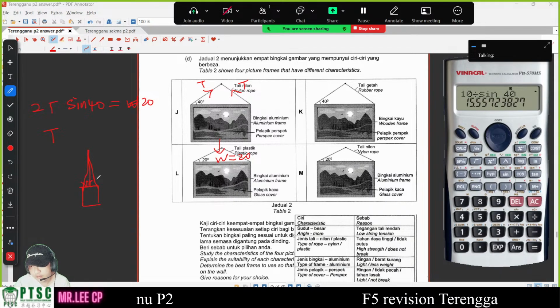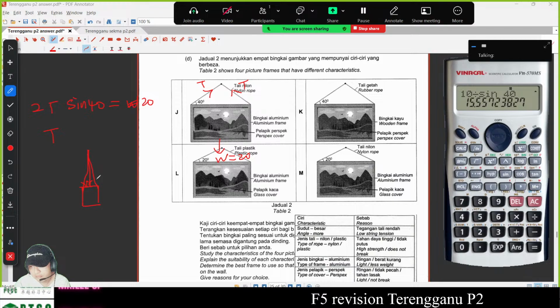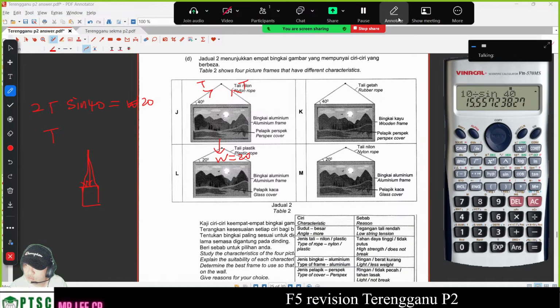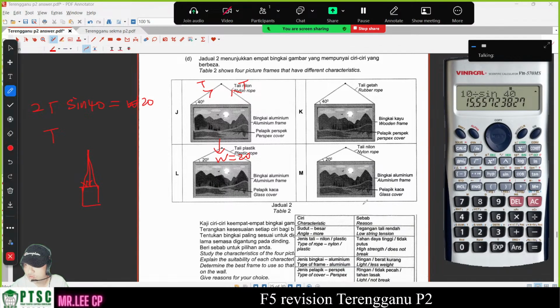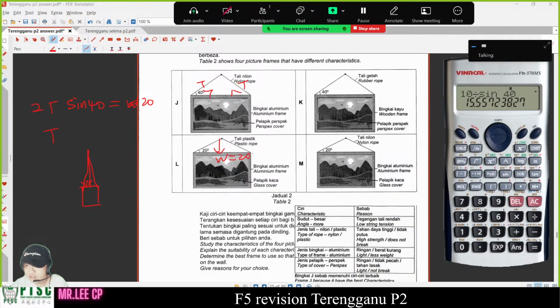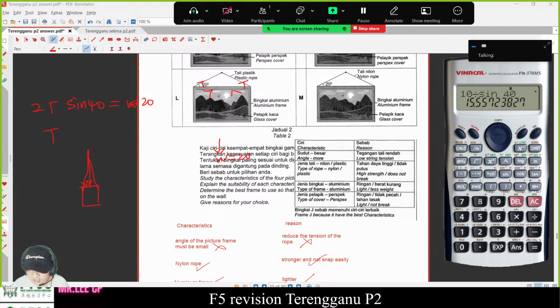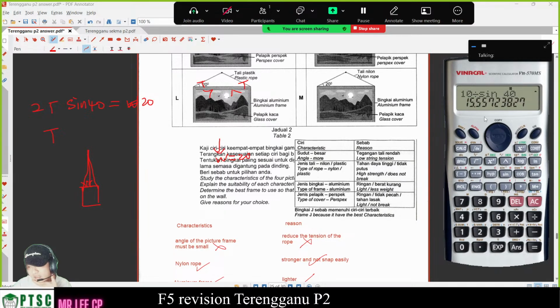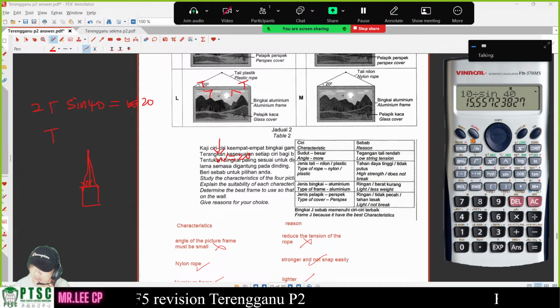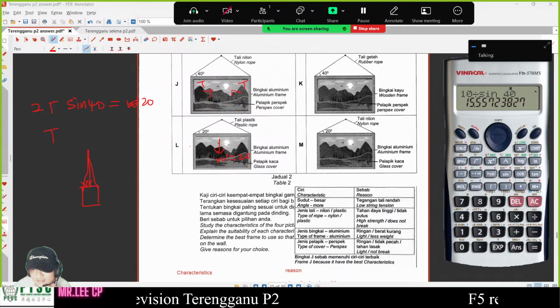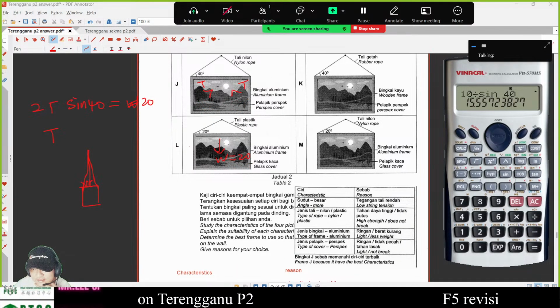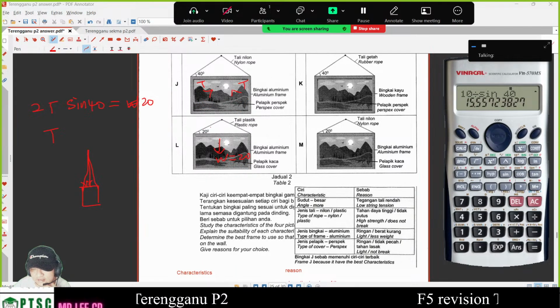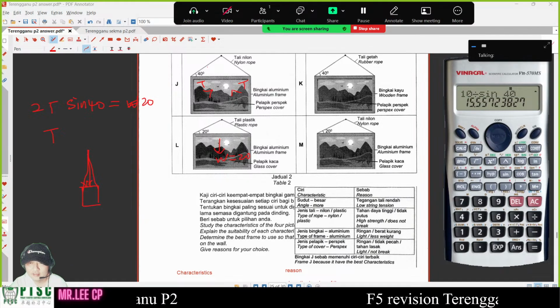Same way. Let me think. No, I still stick to my answer. I don't want to use their answer. Use my answer better. Small angle of picture frame reduces the tension. But if I calculate like that, it will give me 15 and 29. I should not calculate like that, right? Tension here is 29. Tension here, 15.